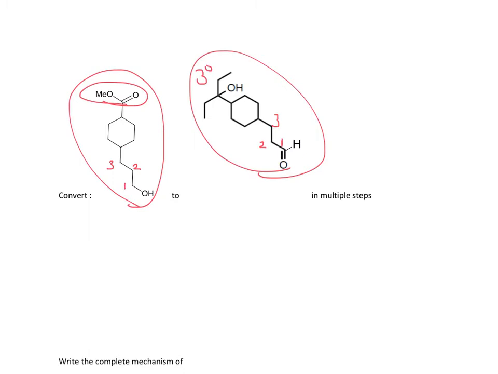So hopefully you can see that you are getting a tertiary alcohol, and that must mean that at some point of time you have to go through a ketone. So let's take a look how that will happen. Hopefully you can see that this tertiary alcohol can be generated if you would have a ketone. Let's erase that.